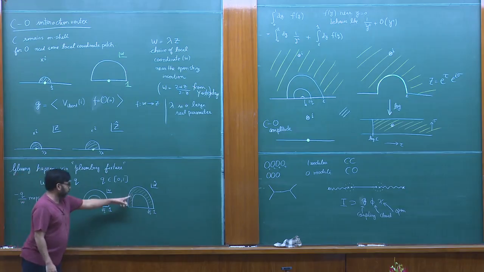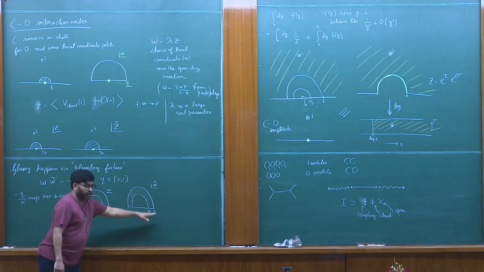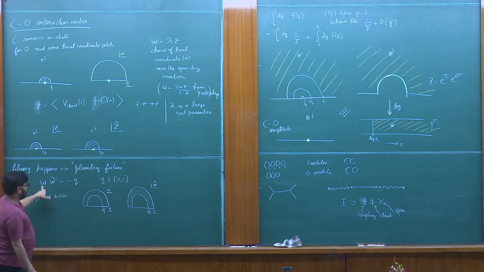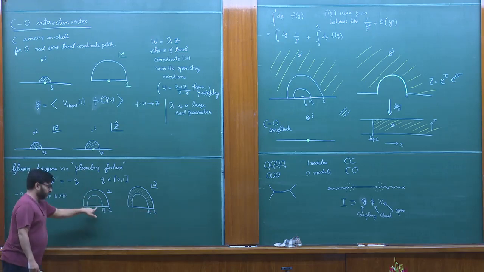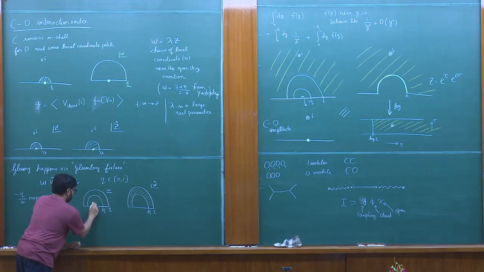When W hat is equal to 1, the absolute value of W will be Q, which is less than square root of Q because Q is less than 1. So you will get this thing, which is shaded.